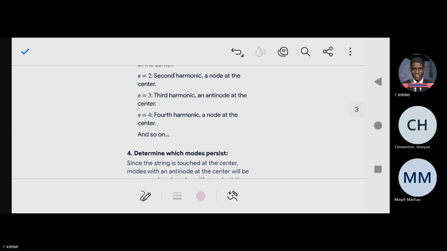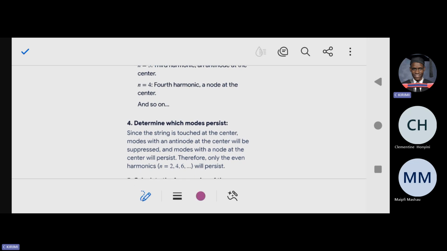All right. So since the string is touched at the center, modes with an antinode at the center will be suppressed. Like what I've been explaining, the antinodes are being suppressed. This is an antinode, it's being suppressed.